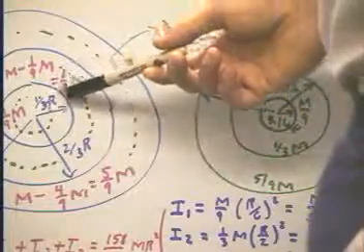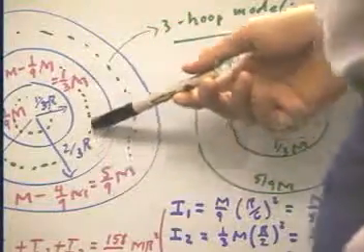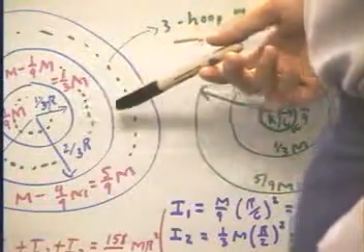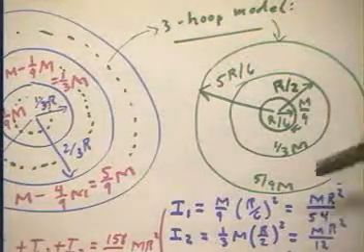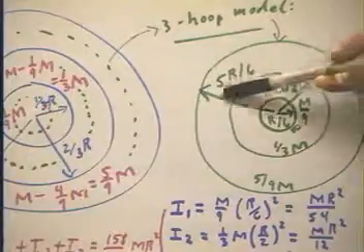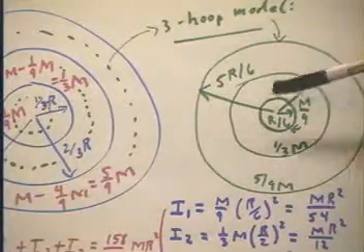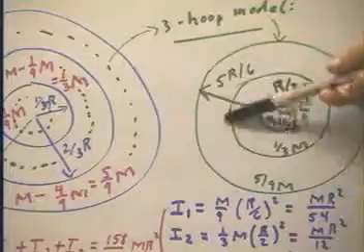So we take the 1/3 m and put it in a hoop that's halfway between 1/3 r and 2/3 r from the center. Halfway between 1/3 and 2/3 is 1/2. So our model has a hoop of radius 1/2 r and mass 1/3 m.